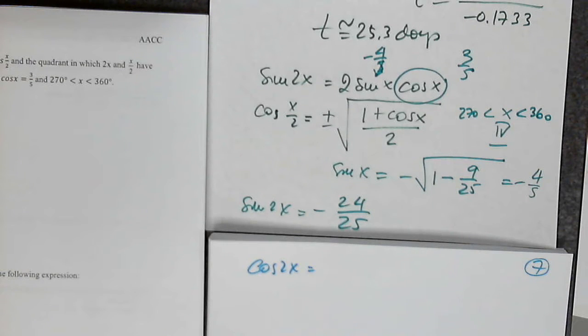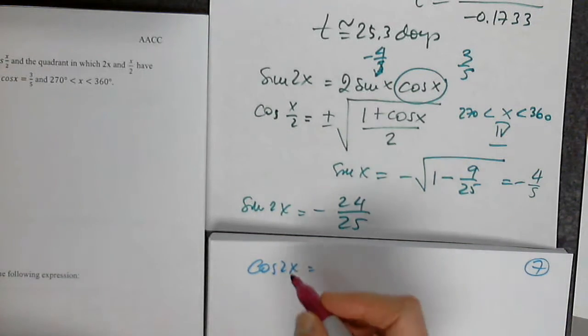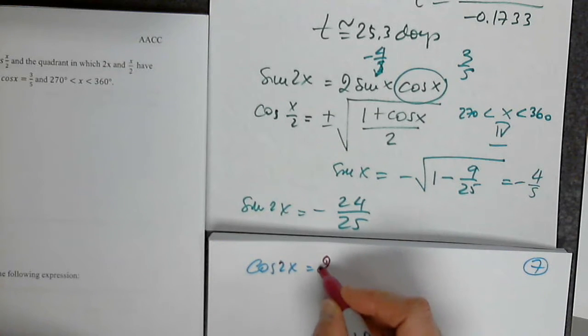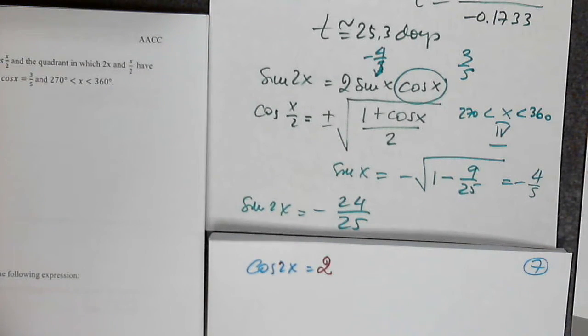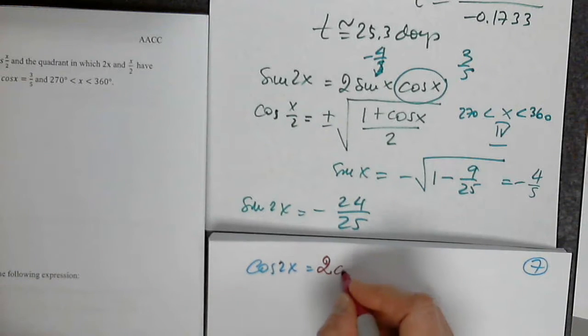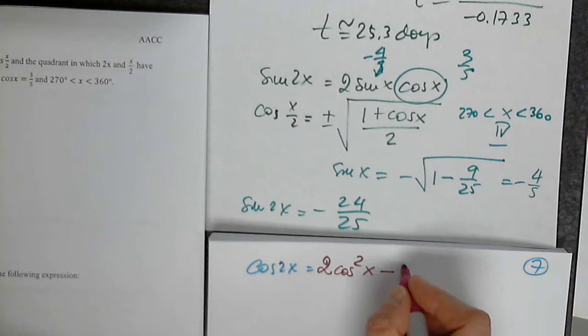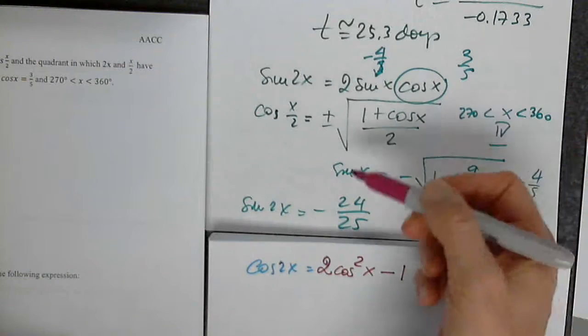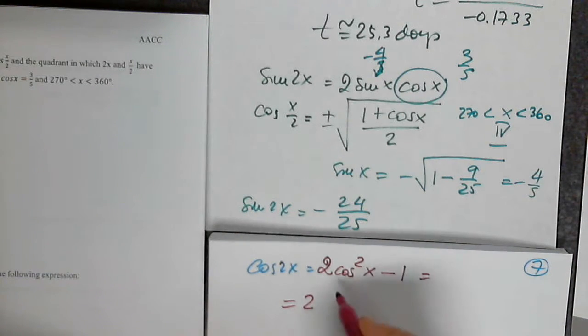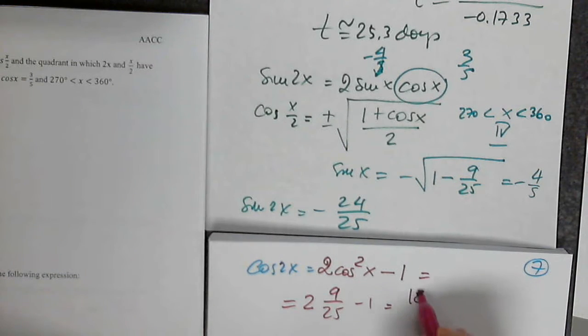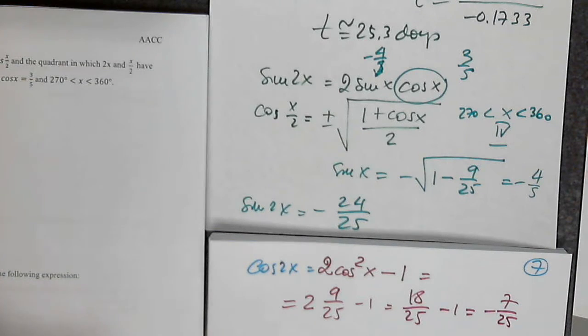It would have been 1 minus 2 sine squared, but I'm given cosine. So that would be 2 cosine squared minus 1. Exactly. So I plug in 3/5: 2 times 9 over 25 minus 1, 18 over 25 minus 1, is negative 7 over 25.